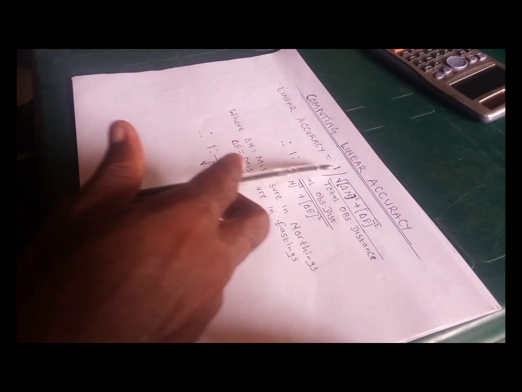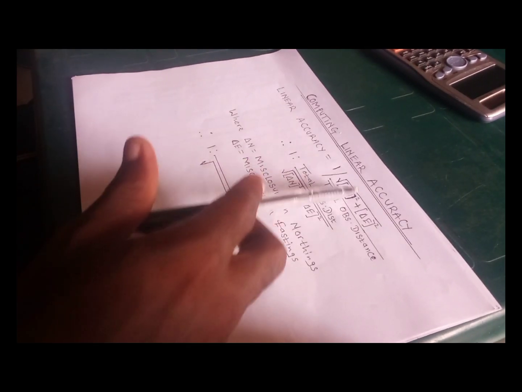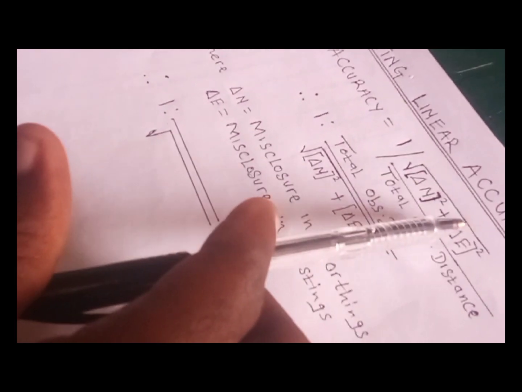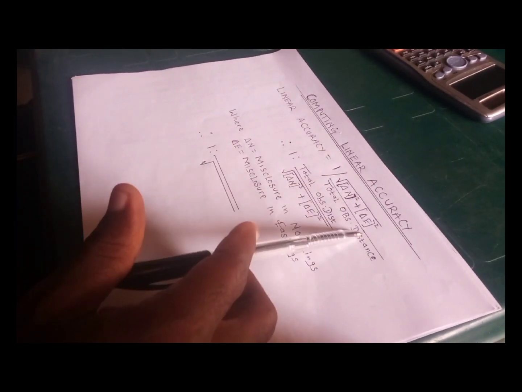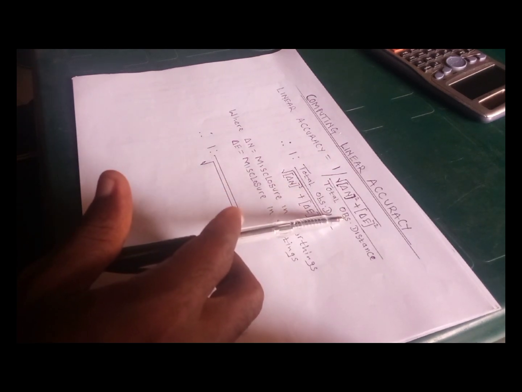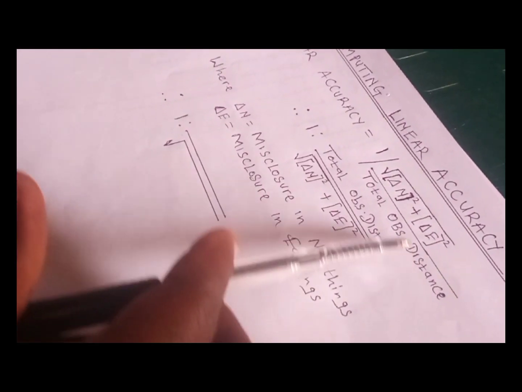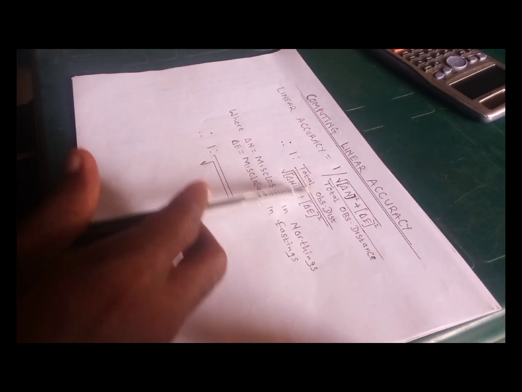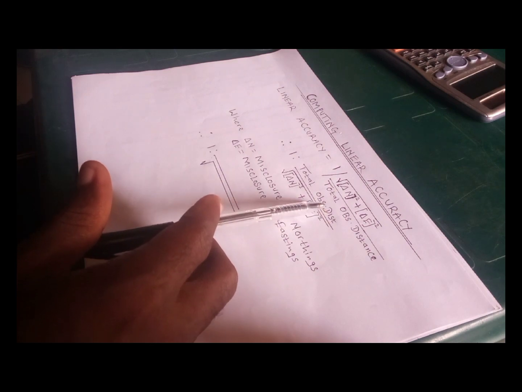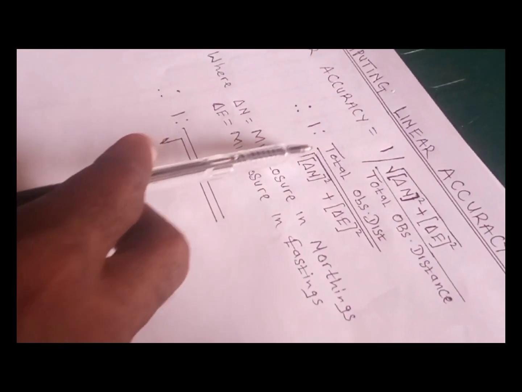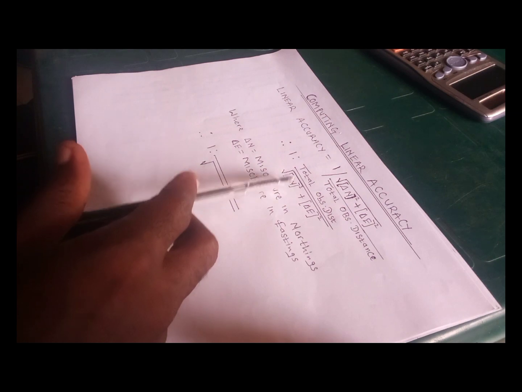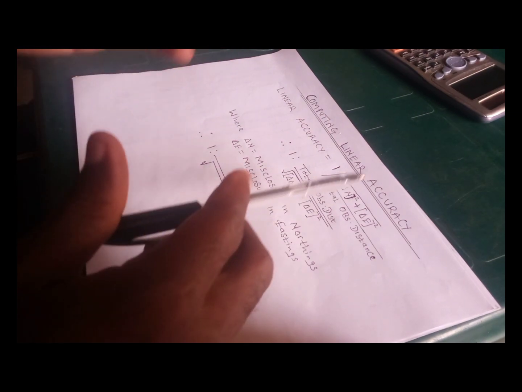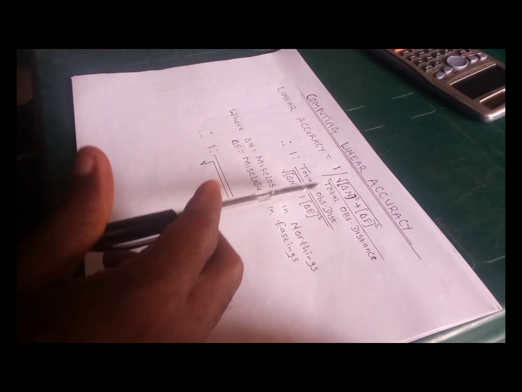Linear accuracy equals 1 over the square root of the sum of the squares of misclosure in northings plus misclosure in eastings, divided by the total observed distance. This can also be written as 1 ratio total observed distance over the square root of the sum of the squares of misclosure in northings plus misclosure in eastings. So this is the standard formula that we are going to be using.